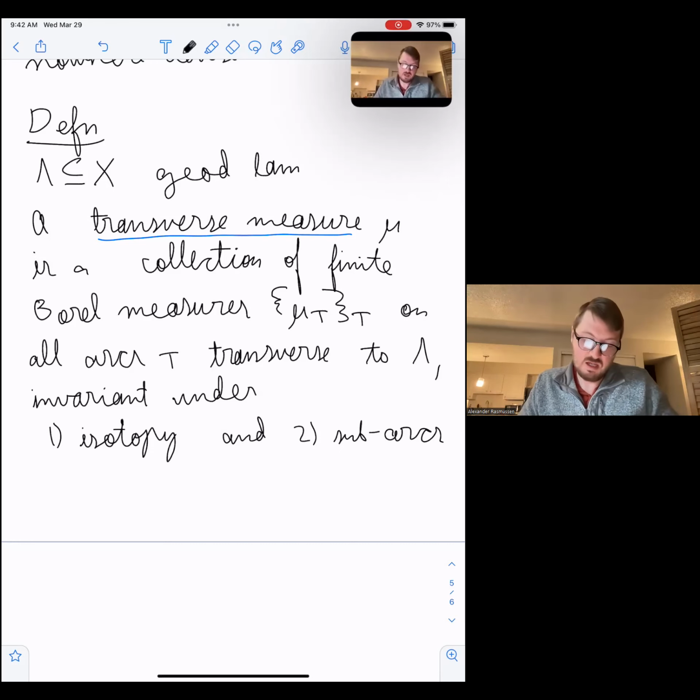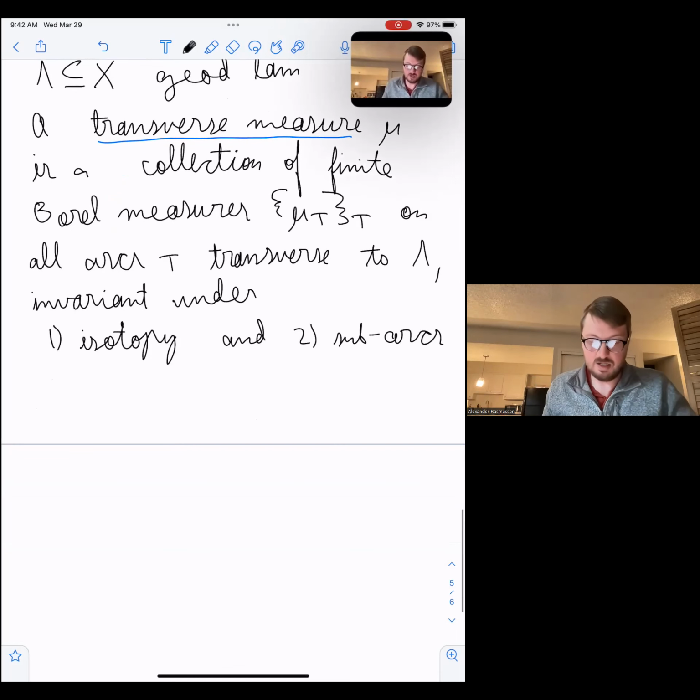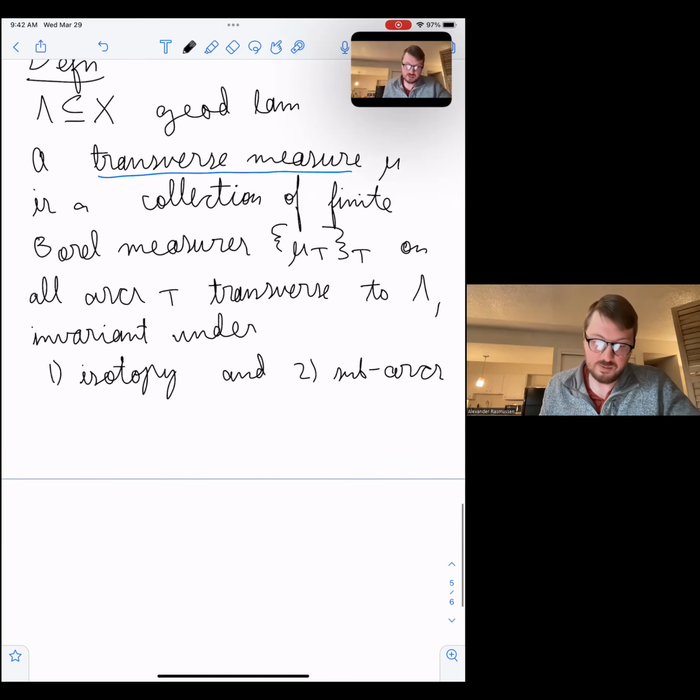So you could state these invariance properties in words and equations, but I feel that's not the most enlightening. So instead, I'll draw a picture to explain these properties.